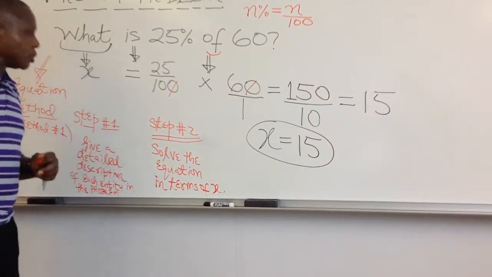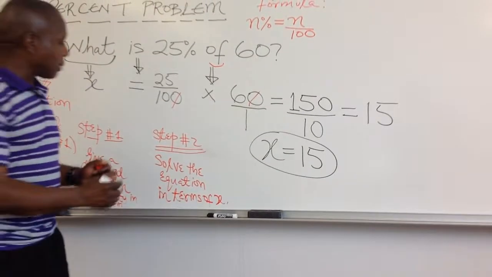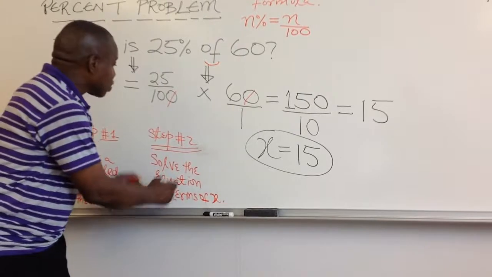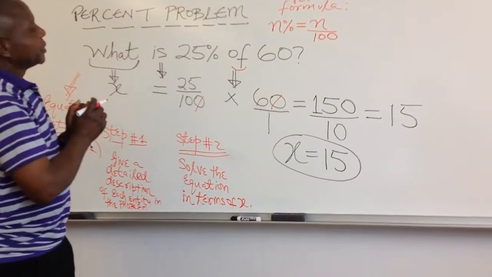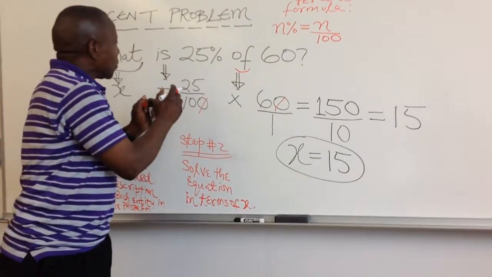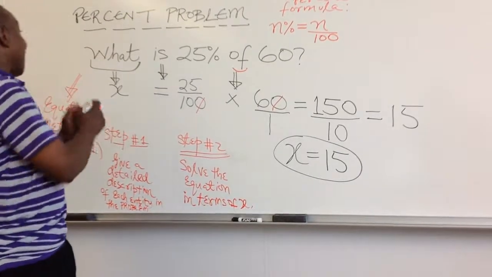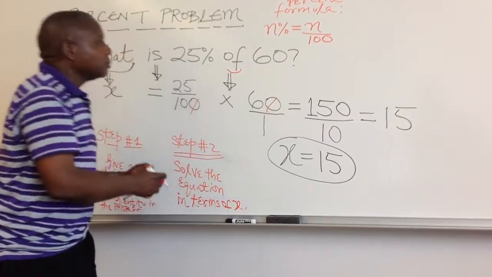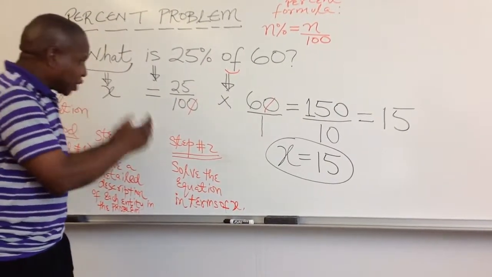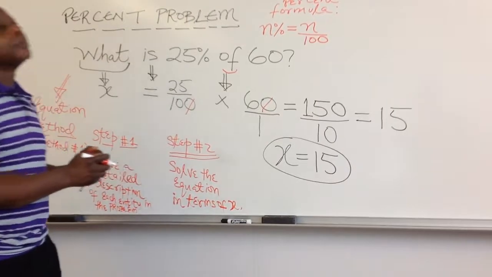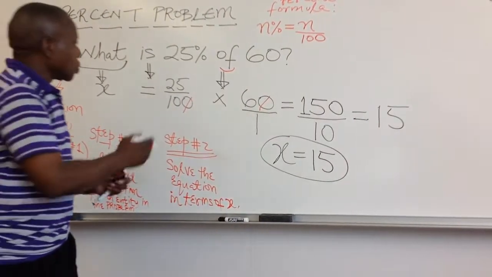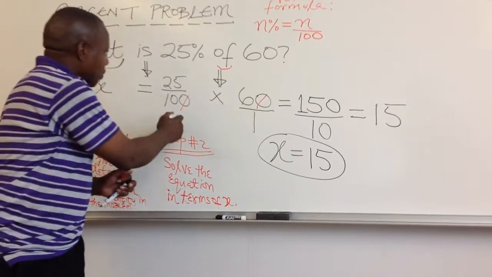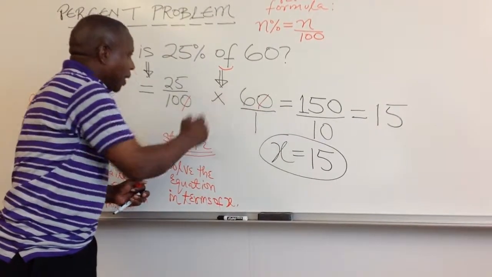Then our step number 2 in this problem-solving process is to solve the equation in terms of x. So the right side of the equation happens to be a fractional multiplication problem. And of course, we carried out the necessary steps. We canceled out the 0 here with this 0 here.